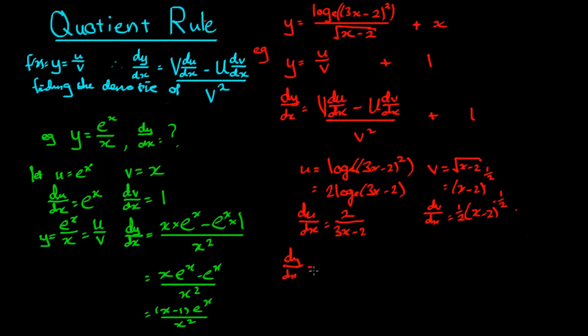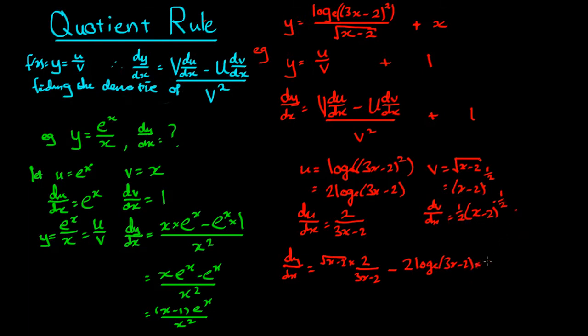dy dx is equal to v du dx. So that's the square root of x take 2 multiplied by 2 over 3x take 2. Take away u dv dx. Let's put u in its simplest form there. Take away 2 log e 3x take 2 times dv dx.